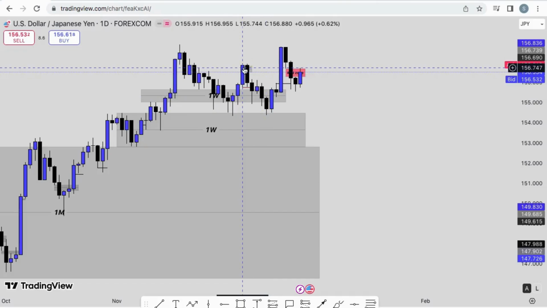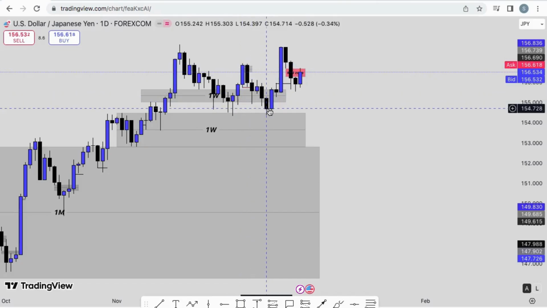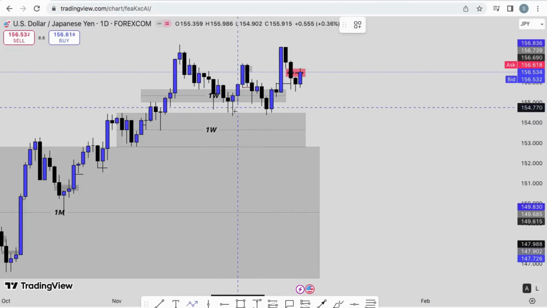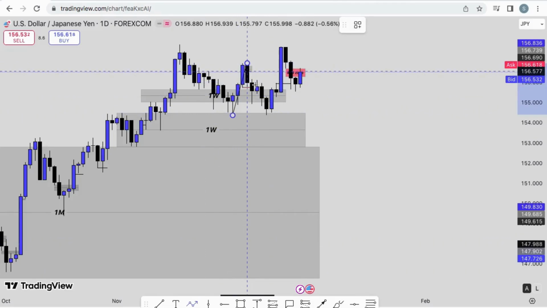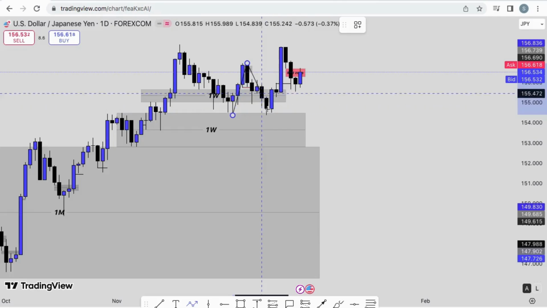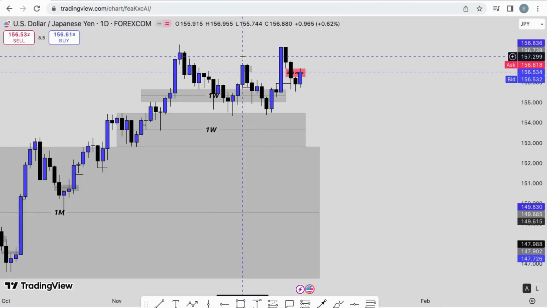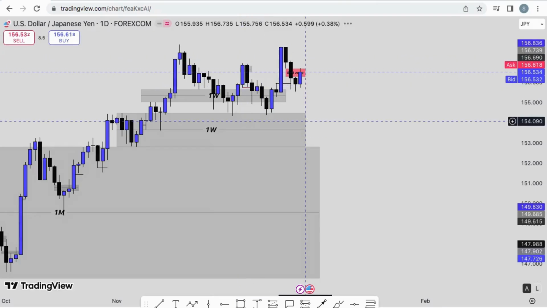And this whole reaction here is a whole other concept on this move here. I will explain that briefly. So let's go back to the weekly time frame, and I will explain what that move means.